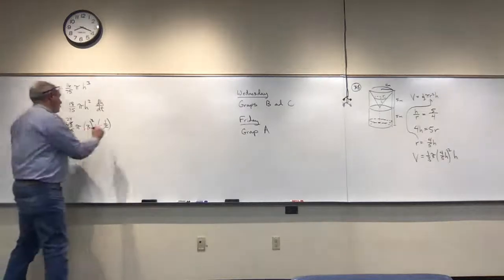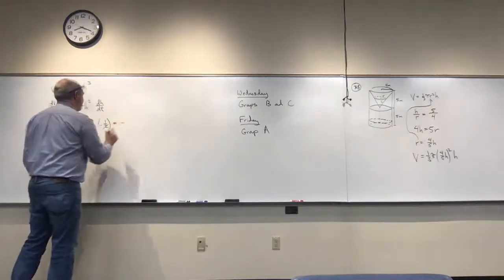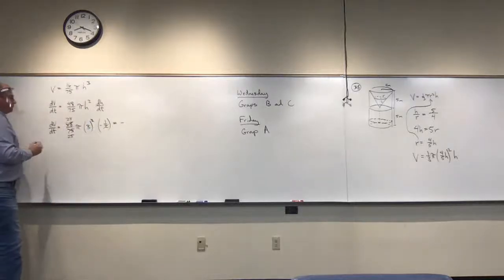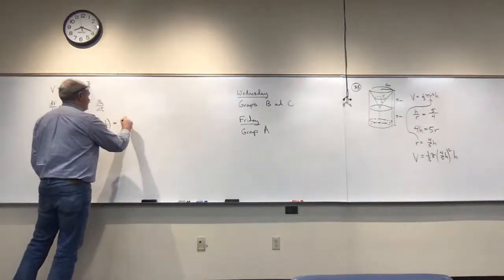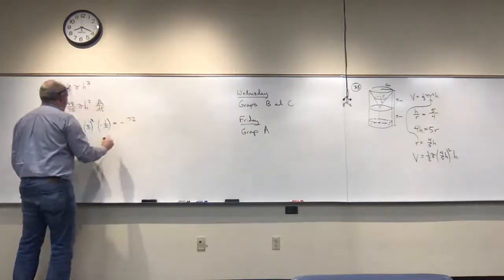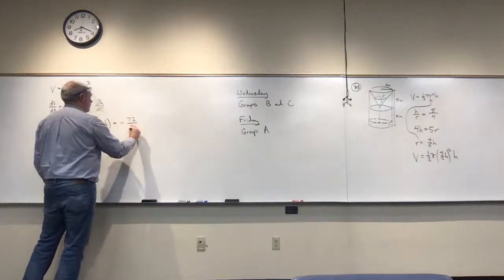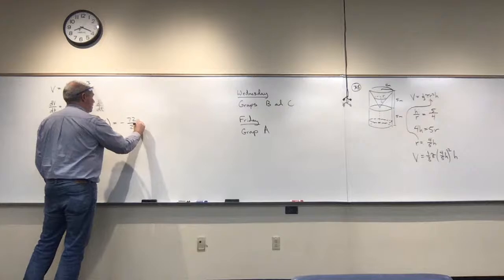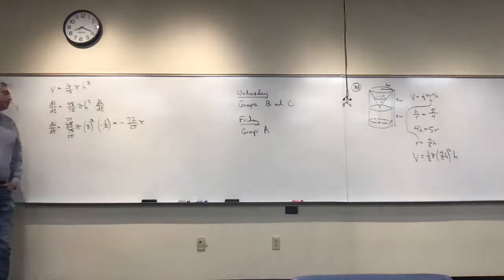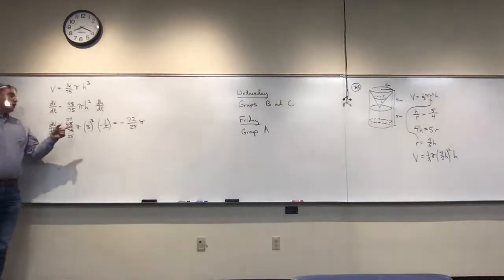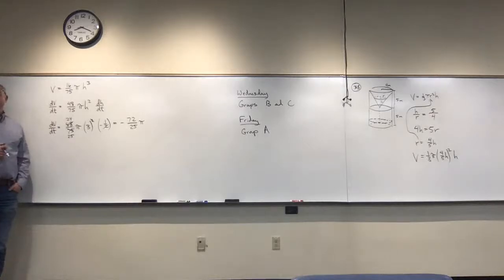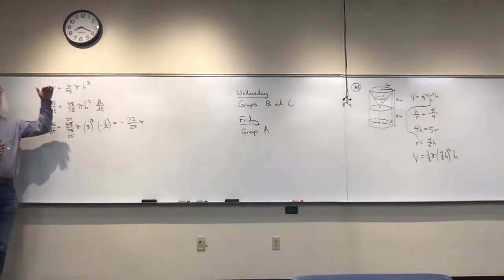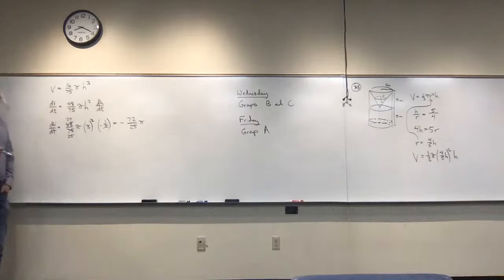Might be as good as it gets. So I get negative, let's see, 24 times 3 would be, what's that? 72. 72, very good. Over 25 times pi. And does it make sense that the rate of change here is negative? Yeah, because the volume is going down, not going up in that tank.